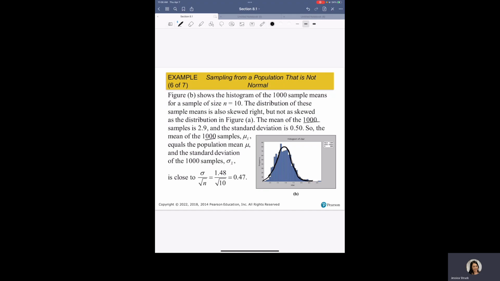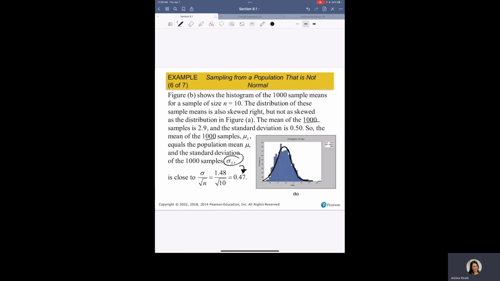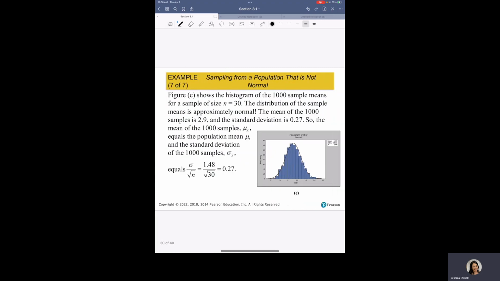The mean of the X bars is still the same as the mean of the population, mu. And the standard deviation for the 1,000 samples of size 10 is now 0.47. So it's decreasing. It was 0.74 before. We're decreasing that spread.